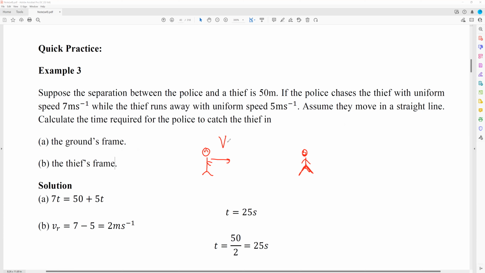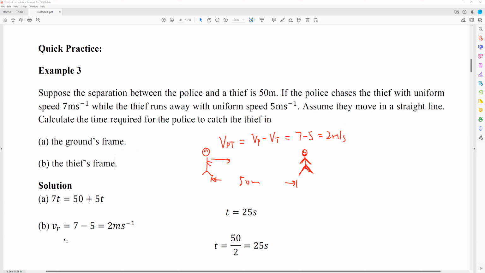So this is the police relative to the thief. Then it will be 7 minus 5, that is the velocity of the police minus the velocity of the thief. 7 minus 5 gives you 2 meters per second. So that means in the thief's frame, the police is moving towards him at the speed 2 meters per second. Any questions? And then the separation is 50 meters. Therefore the time is 25.